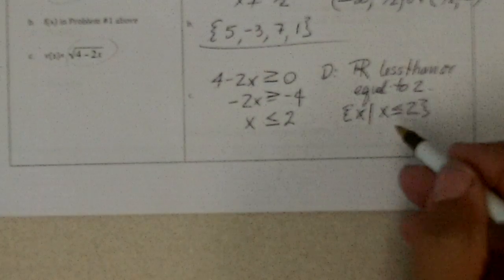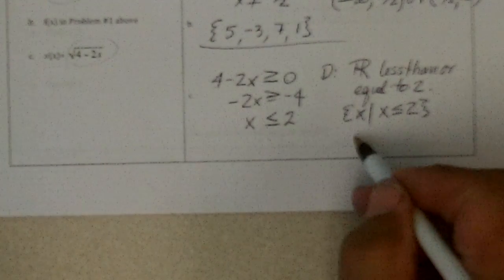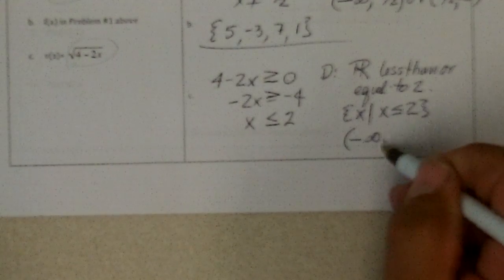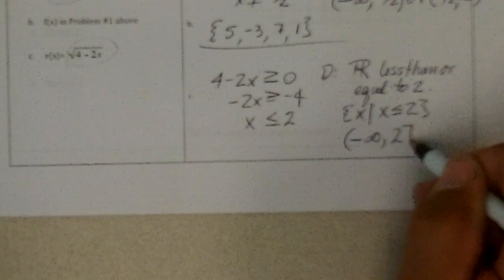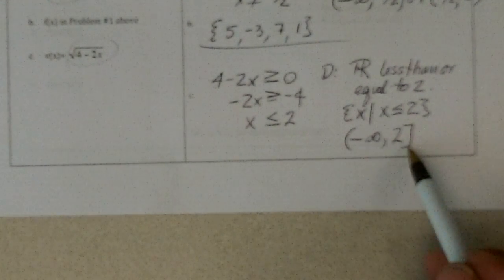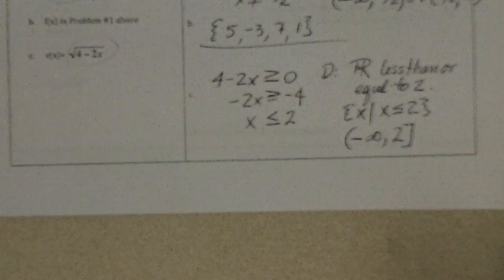Or I can do it in interval notation. That means from negative infinity, the side that's less than, up to 2 including the 2. Square bracket means including. That's page 1.